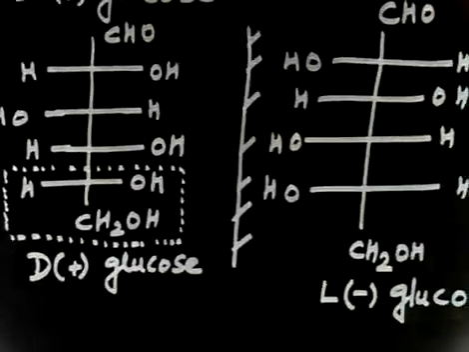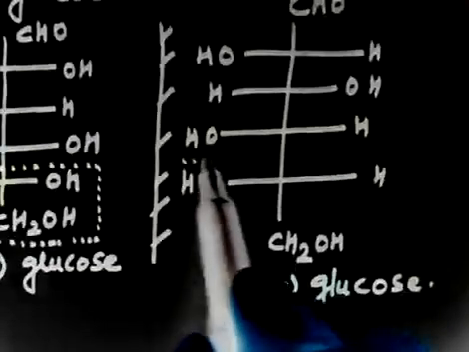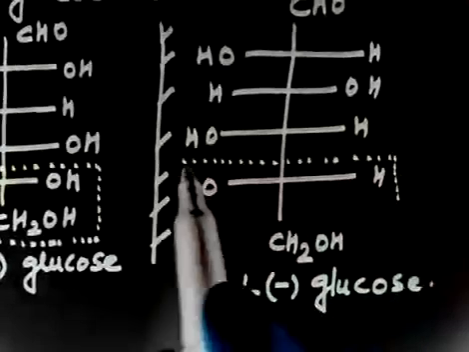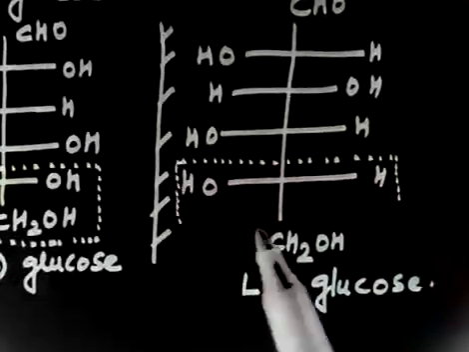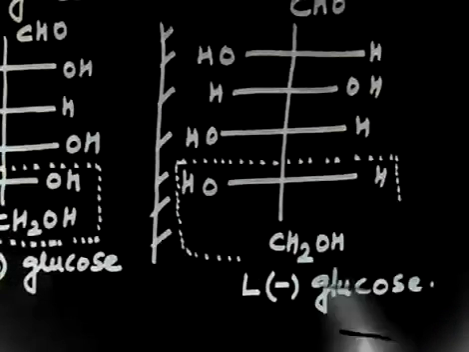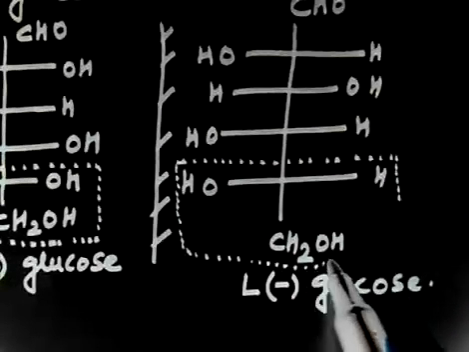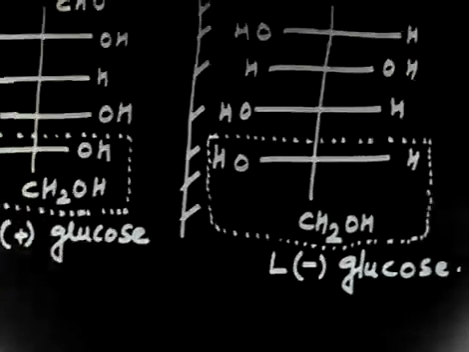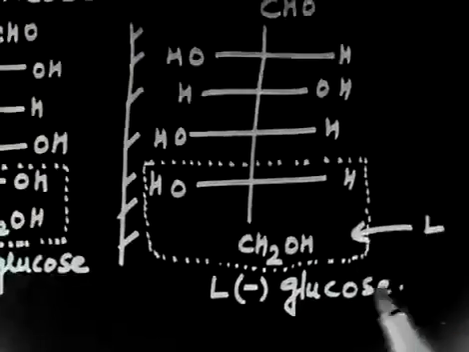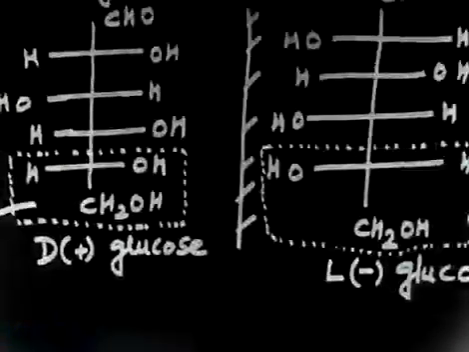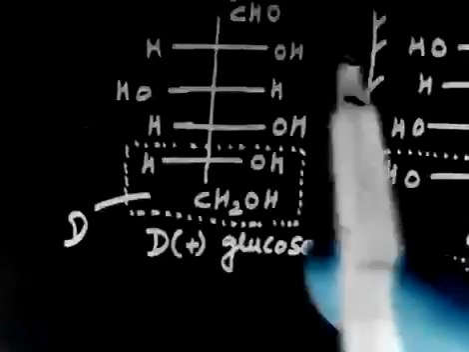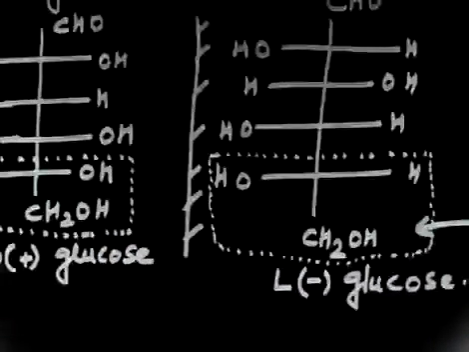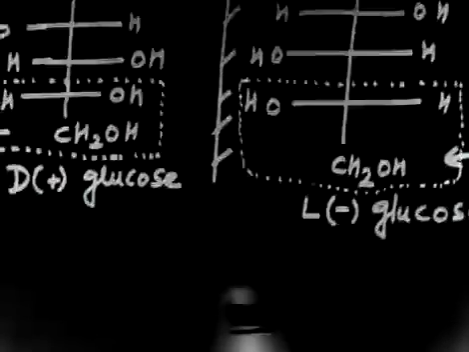Now if you oppose it, that is OH on the left side and H on the right side, this is named L. So this is the L group, and this is the D group. If the optical rotation for this one is plus, then the optical rotation for the other will be negative, because everything is reversed. That is an enantiomer, so these two are enantiomers.